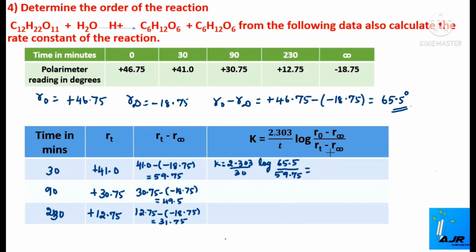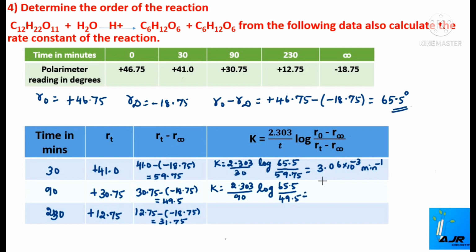When you are simplifying, you will be getting the answer as 3.06 into 10 to the power minus 3 minutes minus 1. See here, for rate constant, it is either second minus 1 or minute minus 1 or hour minus 1 or year minus 1. Whatever the unit given, you should make use of, right? So let us calculate for the next one: 2.303 by 90 log 65.5 divided by, what's the value?